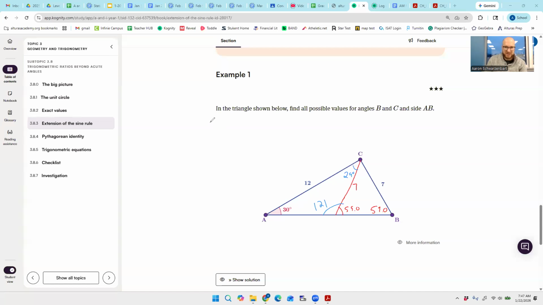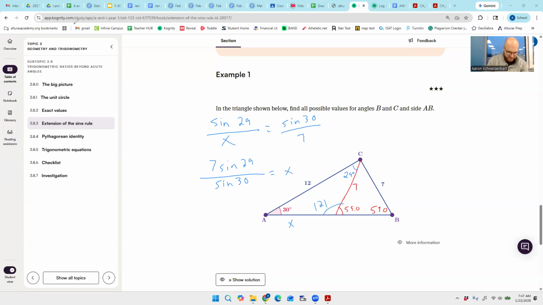To get my other side, I can do sine 29 over, call it x, equals sine 30 over 7. I'll multiply by 7 and cross multiply, and then I divide by sine 30.